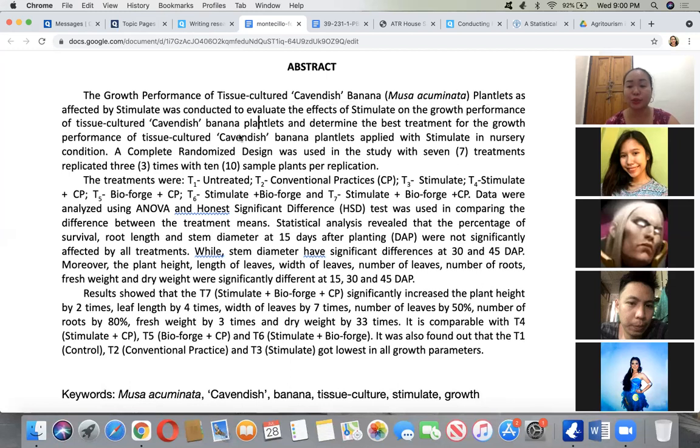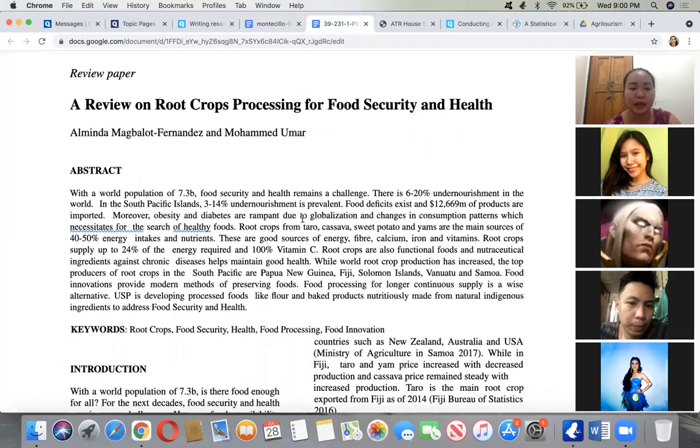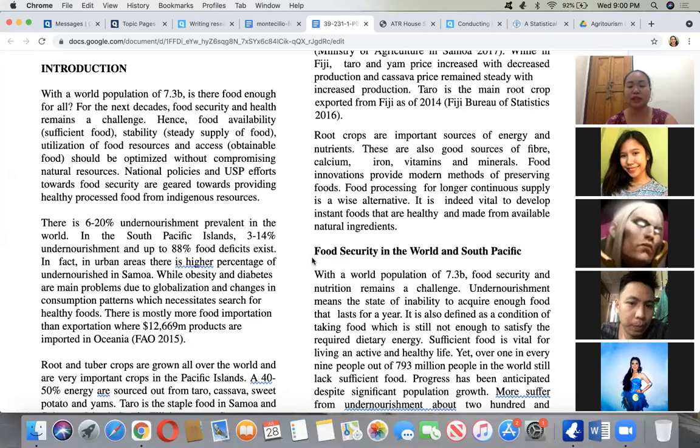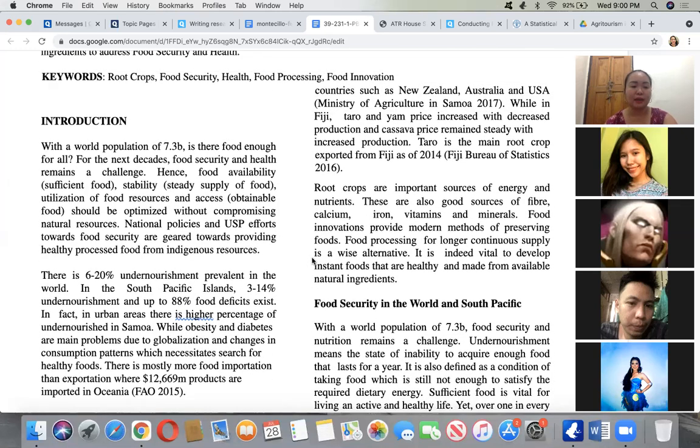It depends on the journal, which usually limits the abstract to about 200 words. So in this case, yours is around 150, almost 200 also. So again, in a review paper, you just state here a little bit of your introduction, a little bit of your results. About the results, like Ivy asked last time, what is in a review paper?